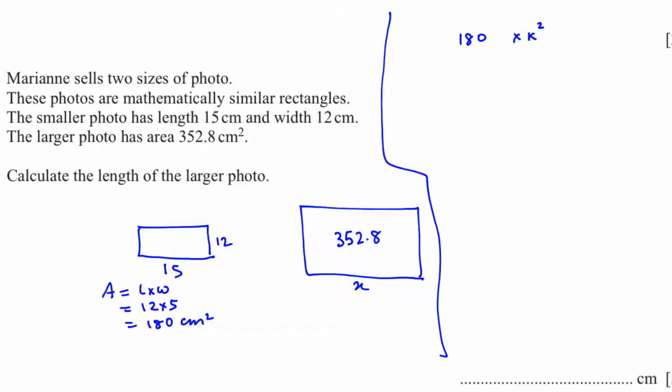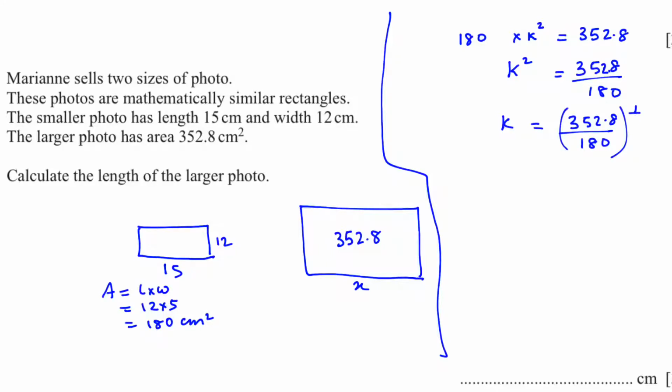Because it is an area, we square it, is equal to 352.8 square centimeter. So what is K equal to? 352.8 divided by 180, and K is equal to, it's a square root of 352.8 over 180. You can write it as a square root. No need to put in the calculator, you can leave it like this.